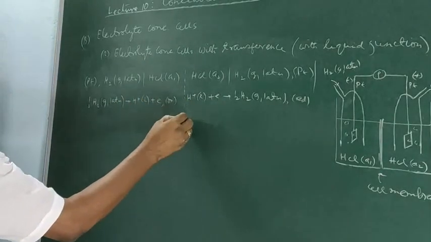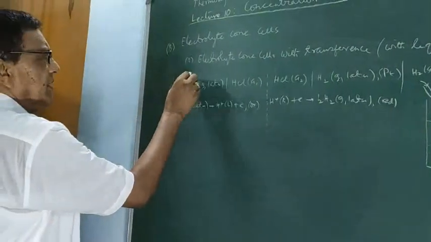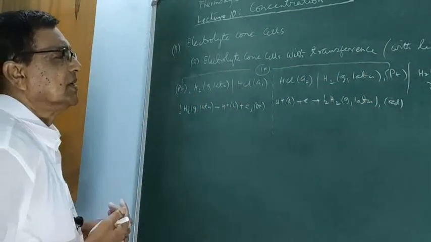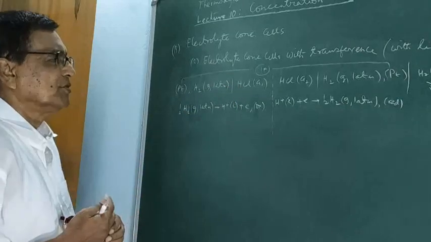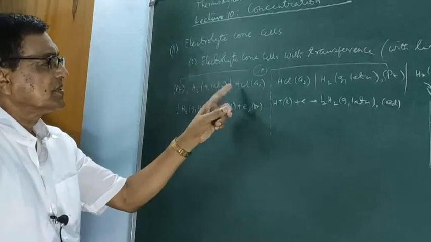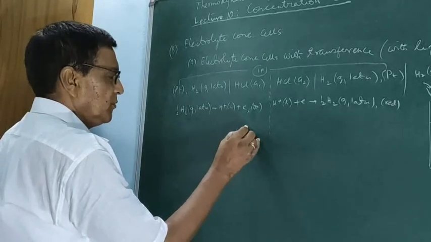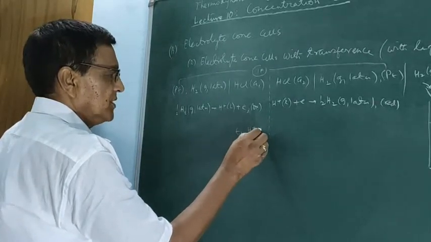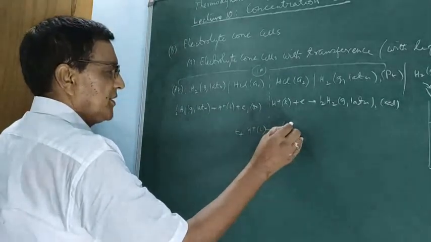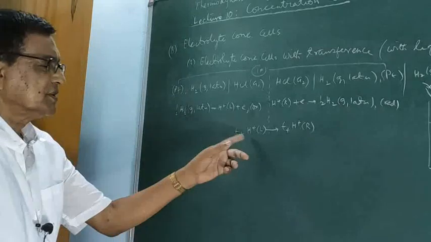And in this cell with a junction, suppose we draw 1 Faraday of electricity from the cell. Then 1 gram equivalent of hydrogen ion comes to the left-hand side, and out of this, t plus gram equivalent of hydrogen ion from the left will go to the right-hand side, where t plus is the transport number of the hydrogen ion.